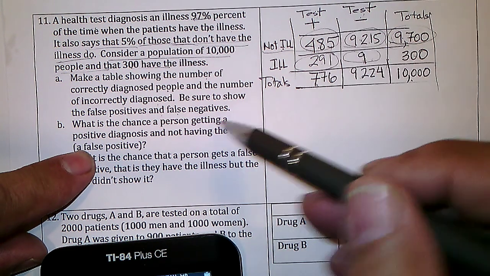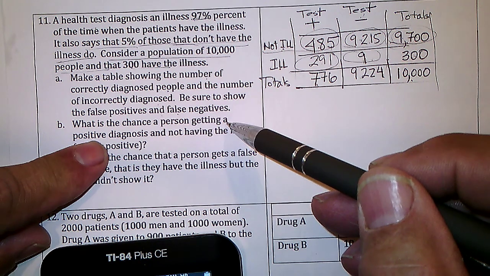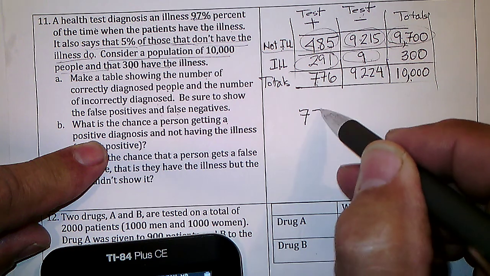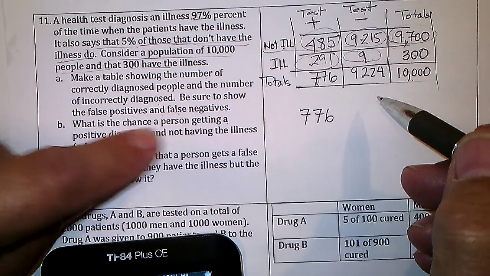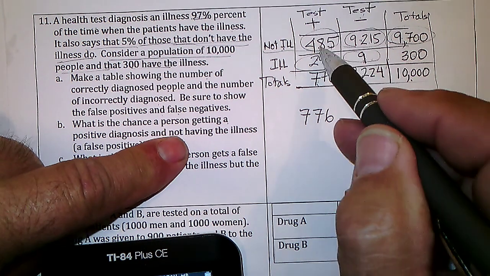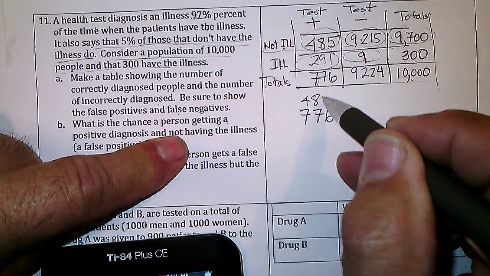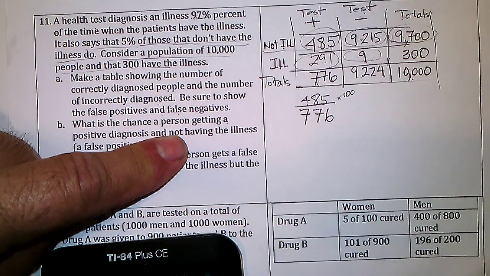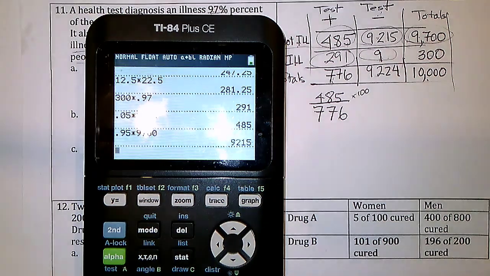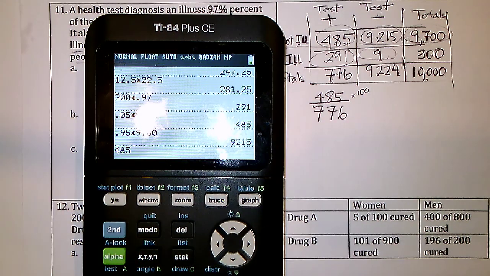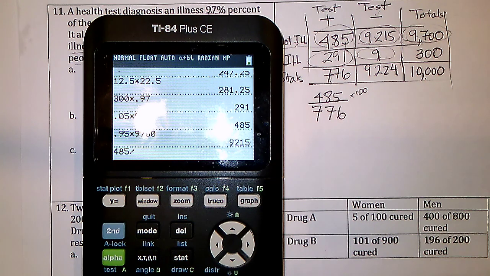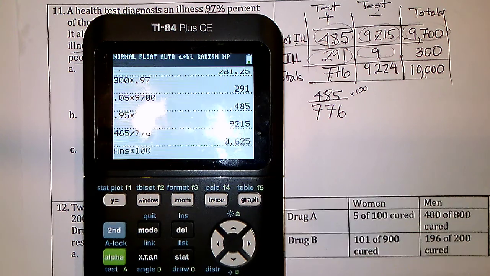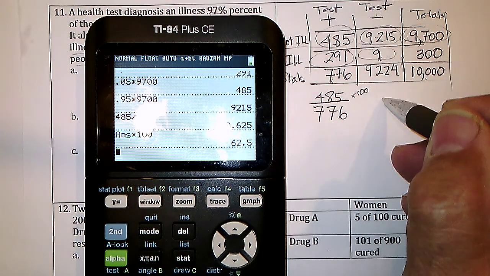What is the chance of a person getting a positive diagnosis? So that's 776. And not having the illness, 485. Times 100 to get a percent. 485 divided by 776 times 100, 62.5%.